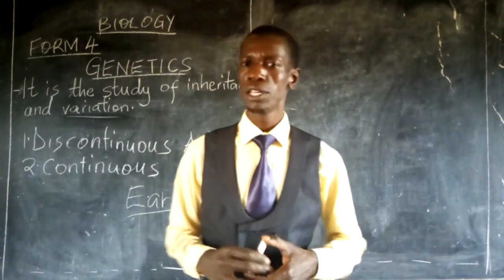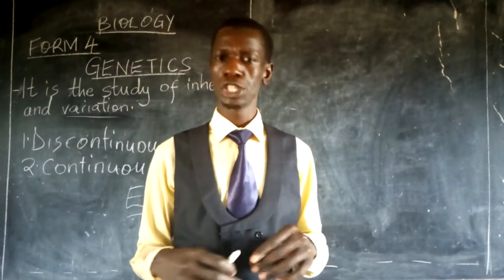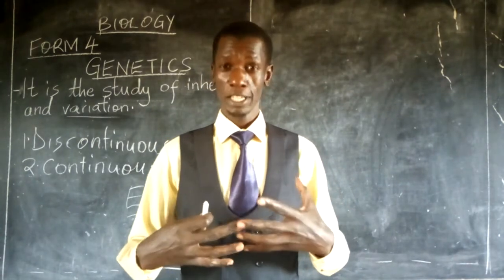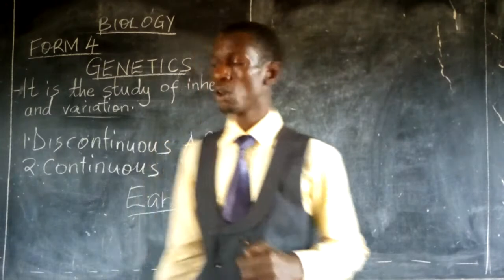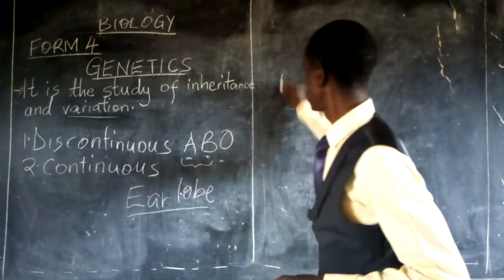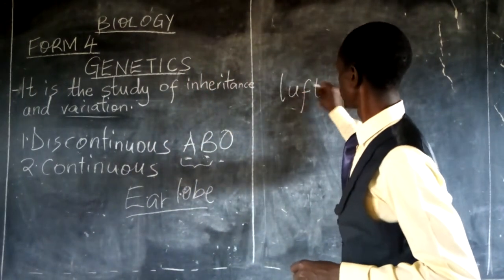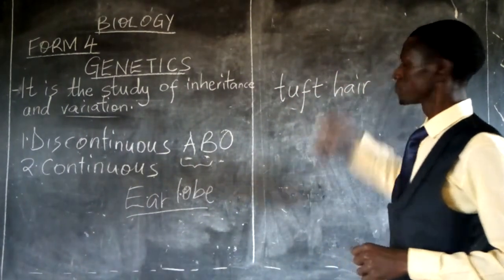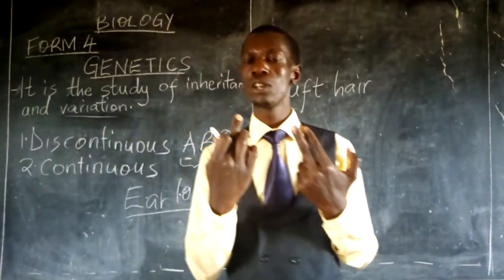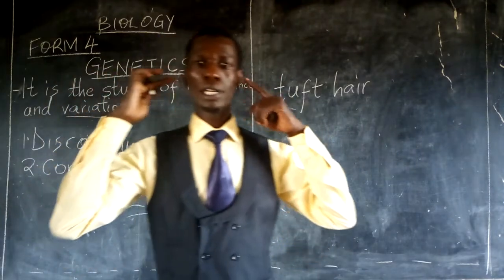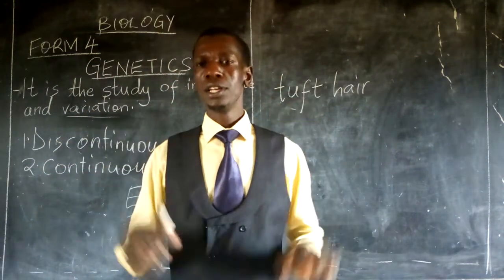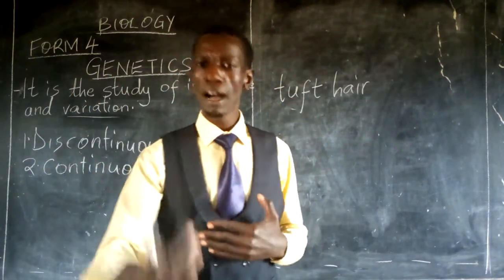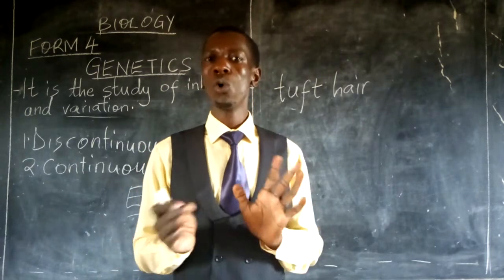Another example of discontinuous variation is presence of a tuft of hair, inside the nasal cavity, or maybe in the ear pinna. There are individuals who may be having them, while there are some who may not.